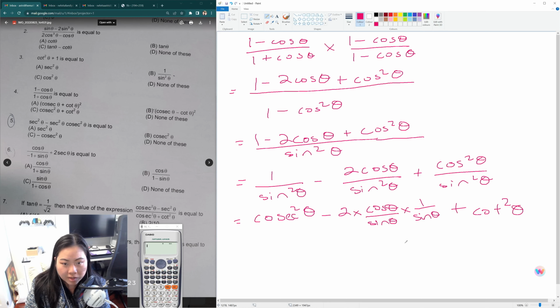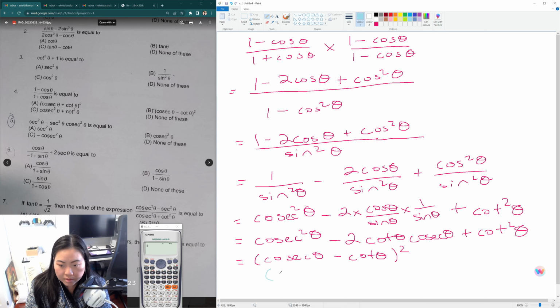So we have cosec theta and cot theta, and this is actually the expansion of cosec theta minus cot theta all squared. It's actually the expansion of B.